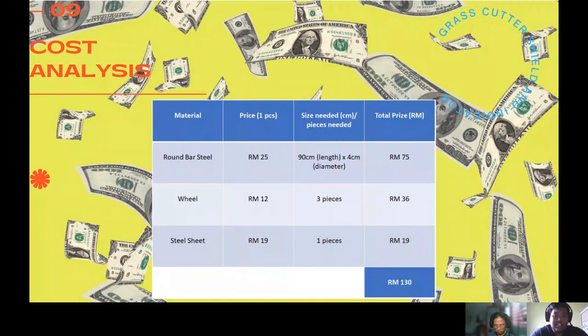And lastly, the steel sheet that we will use to shape the shield, with a length of 30 centimeters, costs 90 ringgit. And we only need one piece of that. So the price will be 90 ringgit. So the total cost of this project is 130 ringgit. Okay, that's for the cost analysis.